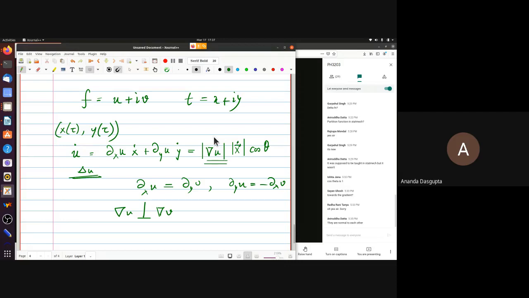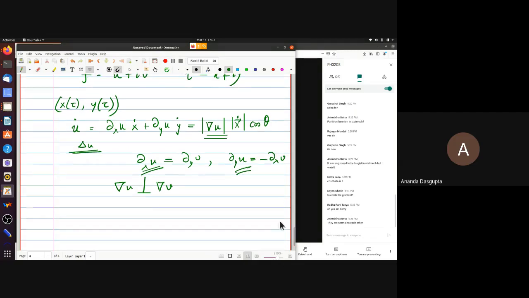You'll take grad u equal to 0. But if grad u equals 0, then this is 0, this is 0. It also tells you del y v and del x v are also 0. What that means is, at the point where you will have the maximum, f prime will vanish. That is, you are at a maximum of u, not a maximum of the function, because the complex function has no maxima or minima. But when you are at a maximum of u, the derivative of the function vanishes.